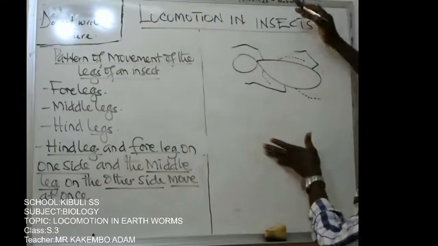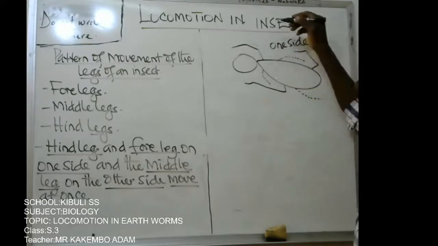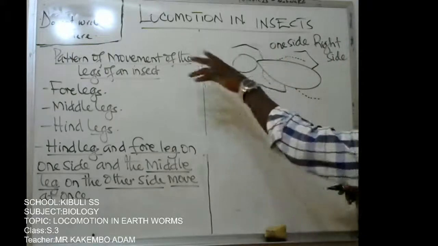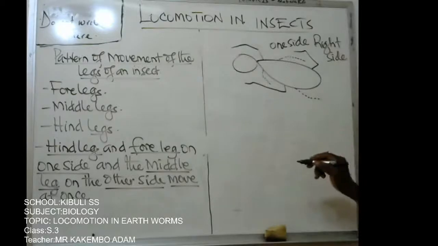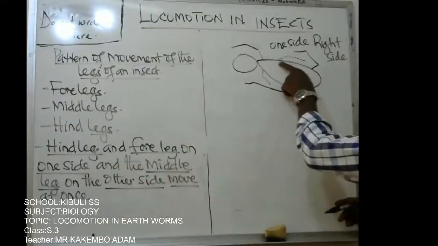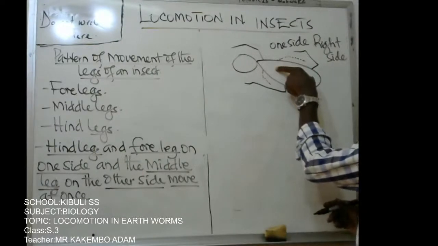On one side, this is one side. Call it the right side. The foreleg and the hind leg on the right side are moved forward. Meanwhile, the middle leg on that side remains firm onto the ground. It's not moved at all.